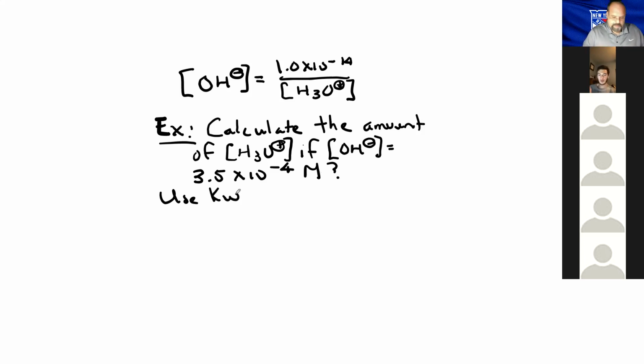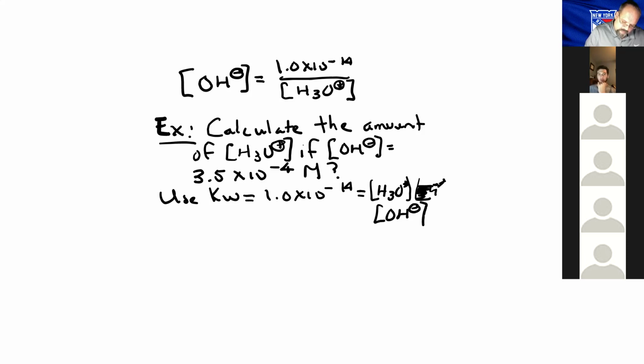So KW is always equal to 1.0 times 10 to the minus 14th, which is equal to the concentration of H3O plus times the concentration of OH minus.